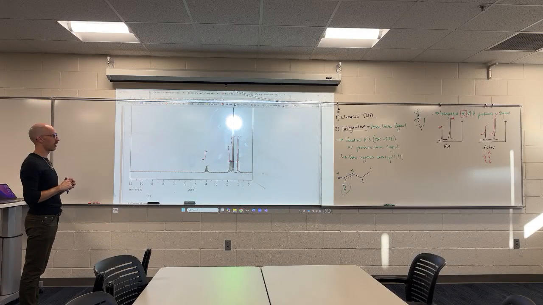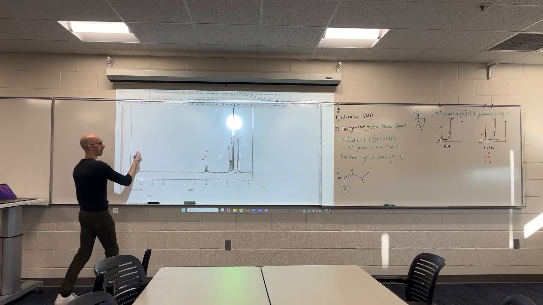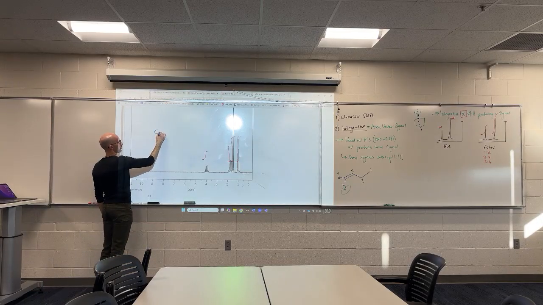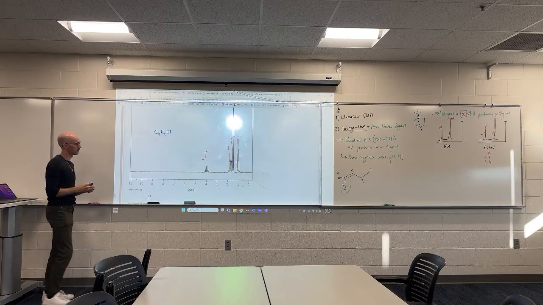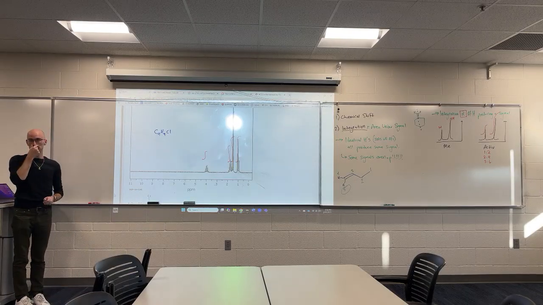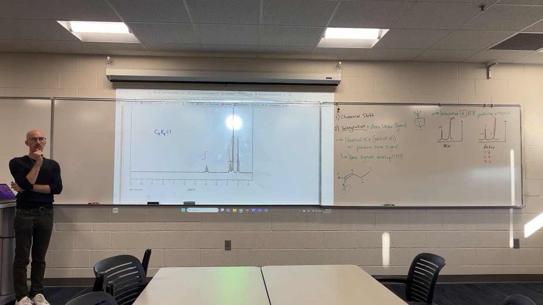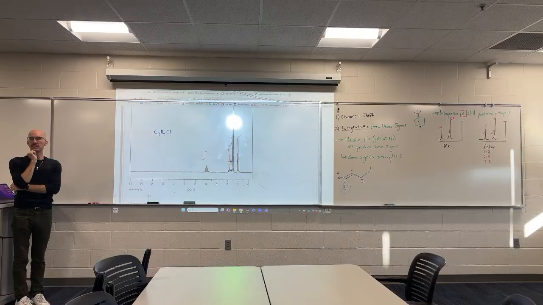Which of them look a third as tall, 2/3 as tall? Now, consider that we have this chemical formula. What do you think the integrations are at each of these signals?